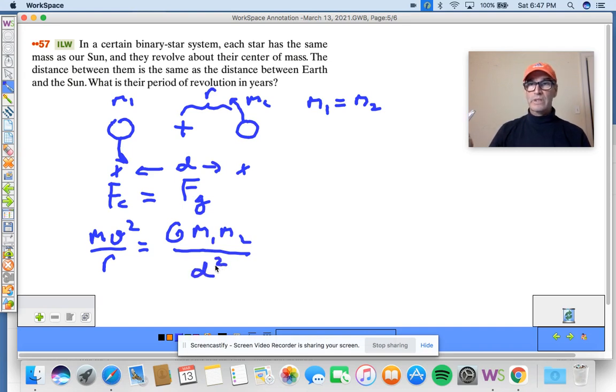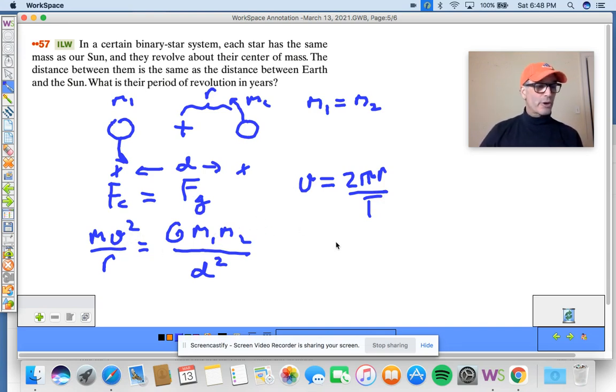Okay, so that's the distance between the two stars, which is approximately the distance between the Earth and the Sun. Now, the substitution you have to make here for speed is going to be 2 pi r over the period. All right, so there's your helpful hint. So you're going to sub in 2 pi r over the period for v, and then reconcile the rest.